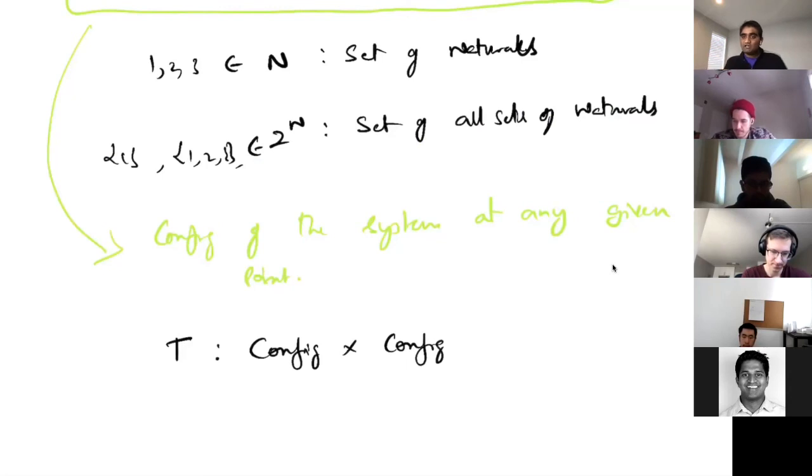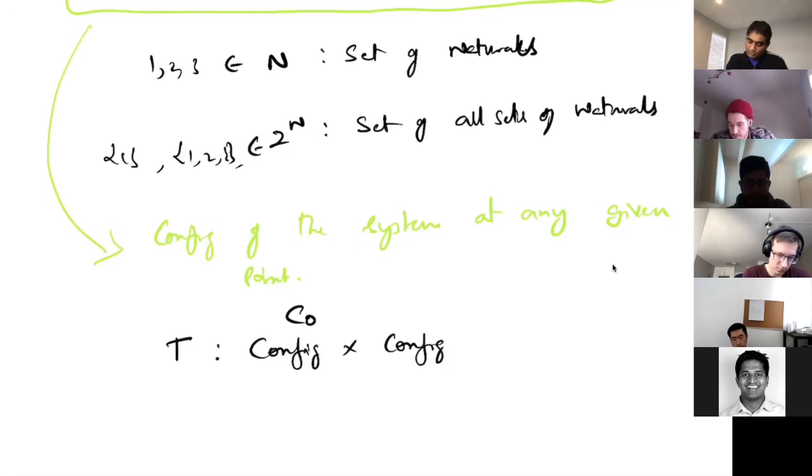But let's say for a given config C0, the system is deterministic, right? So given a configuration, given a message and so on, there is only one possible transition that it can take, for instance.